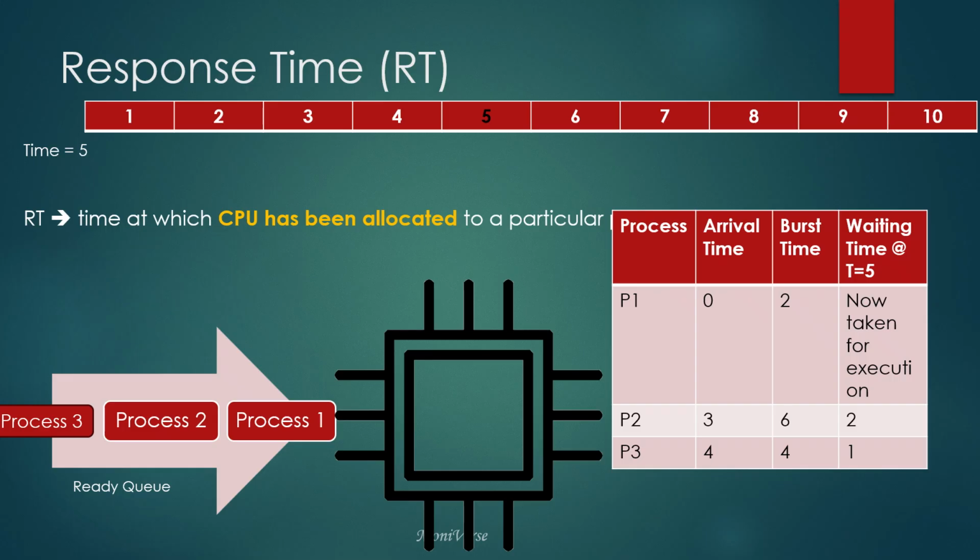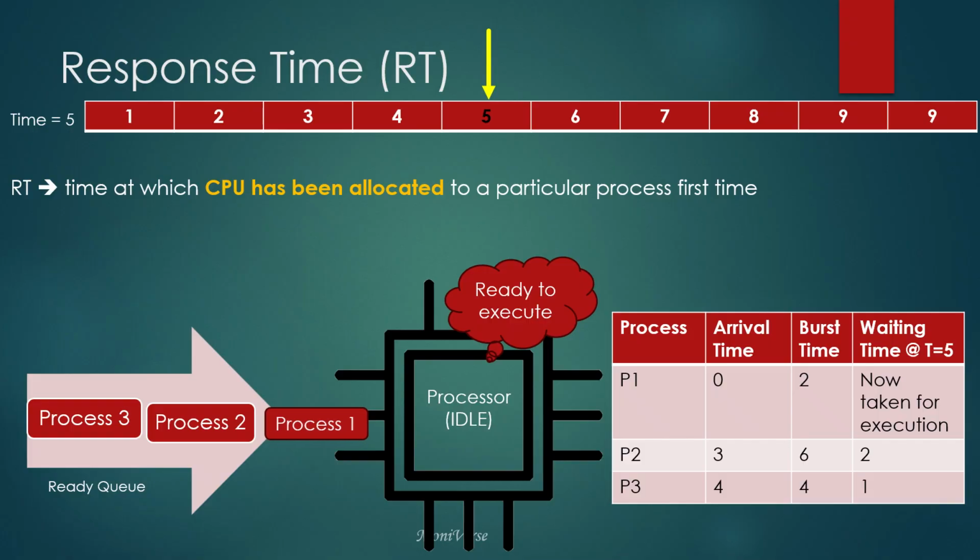Now we can see another example for response time. Now the time is 5 and the processor is idle and ready to execute. So process 1 is going to enter at time 5, right? At time 5 it is taken into execution, and it arrived at time 0.